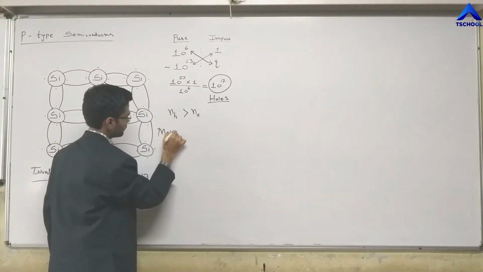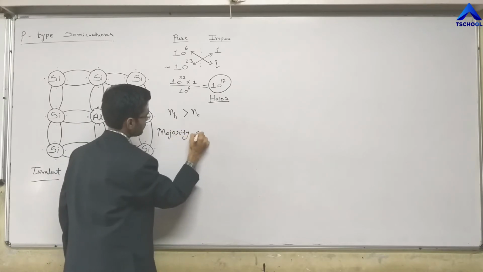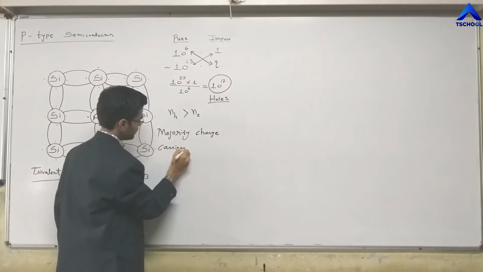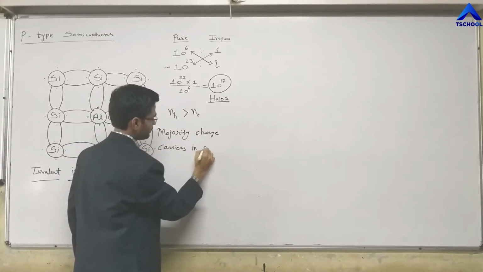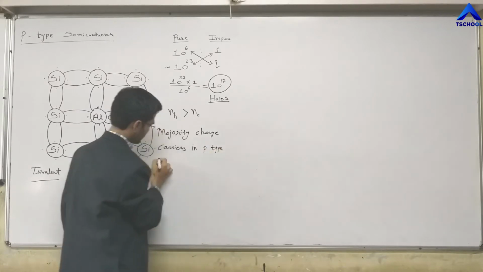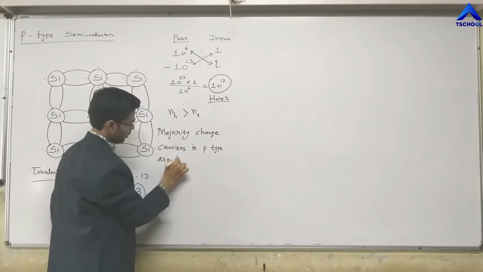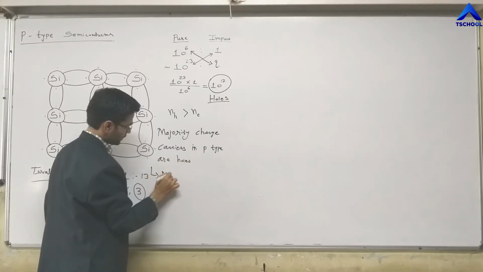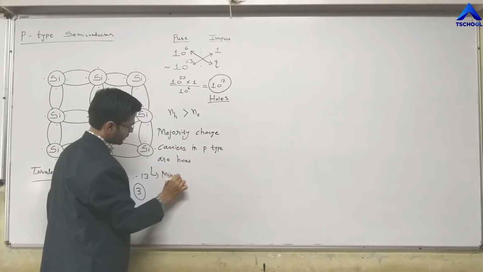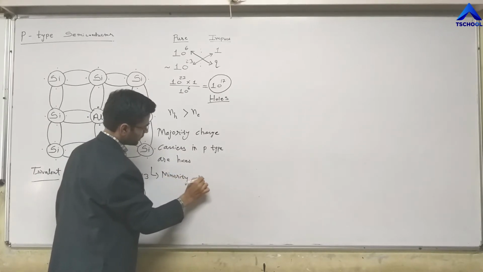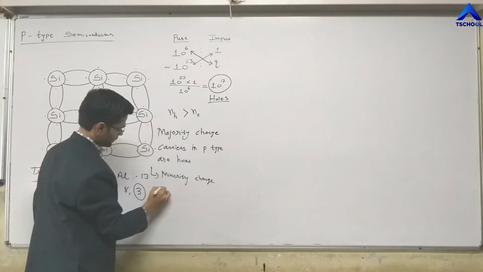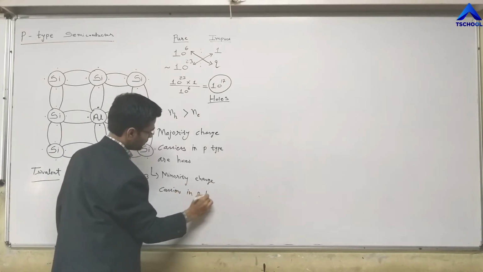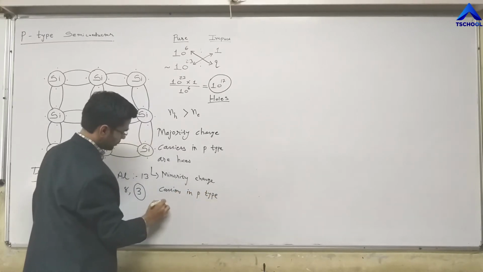Majority charge carriers in p-type are holes, and minority charge carriers in p-type semiconductor are electrons.